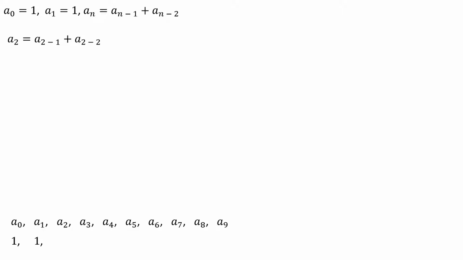Right? Our equation says if I want the nth term, look at the n minus 1 term, and look at the n minus 2 term. So if I want the second term, a sub 2, I have to look at term number 1 and term number 0, which of course would be 1 plus 1. So I now know that a sub 2 is 2.